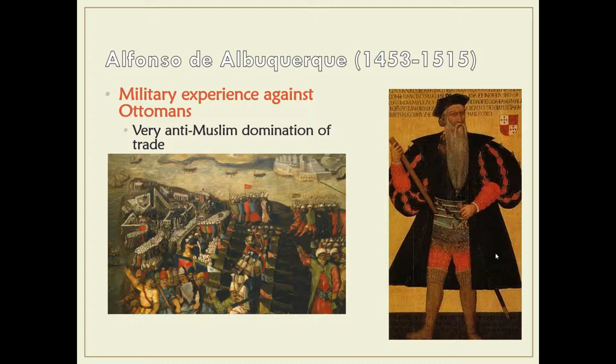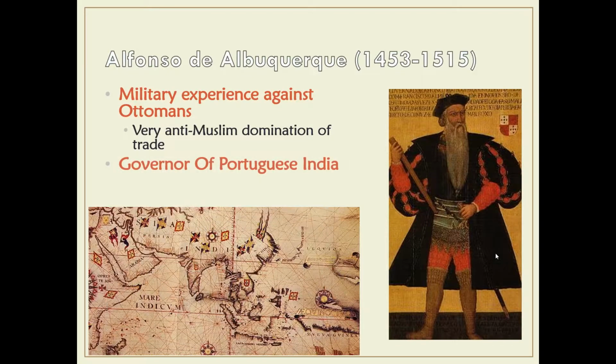Through his years of fighting against the Ottomans and against Muslim forces, he became very much radicalized and was a true believer in thinking that the Catholic forces needed to get rid of Muslim forces.